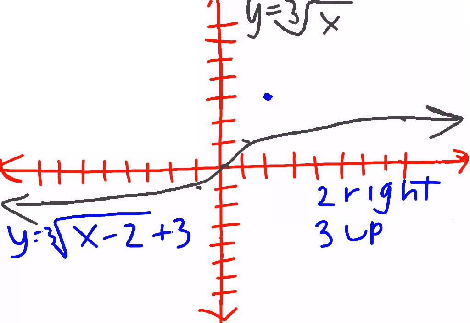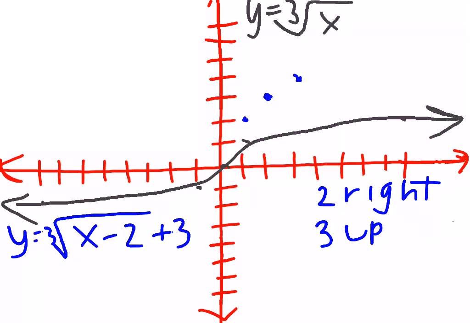Alright, so let's graph it. We just moved our inflection point over. Now we're just going to graph as usual. We know that when we move to the right 1, the cubed root of 1 is just 1. When I move to the left 1, the cubed root is negative 1.